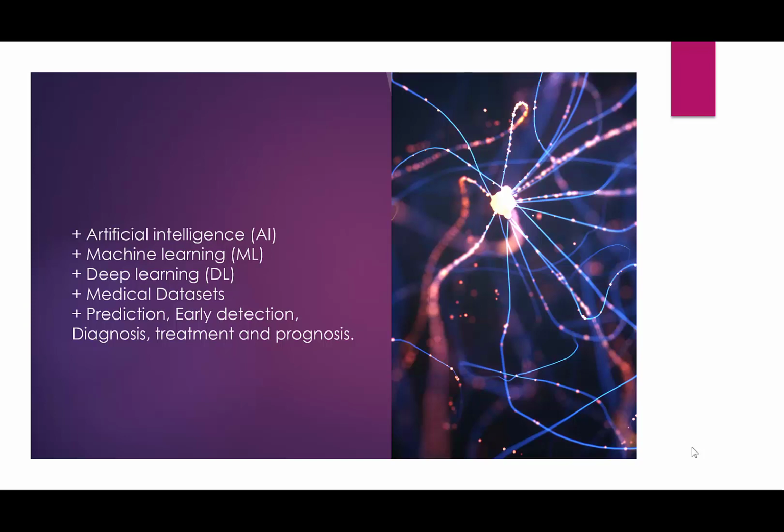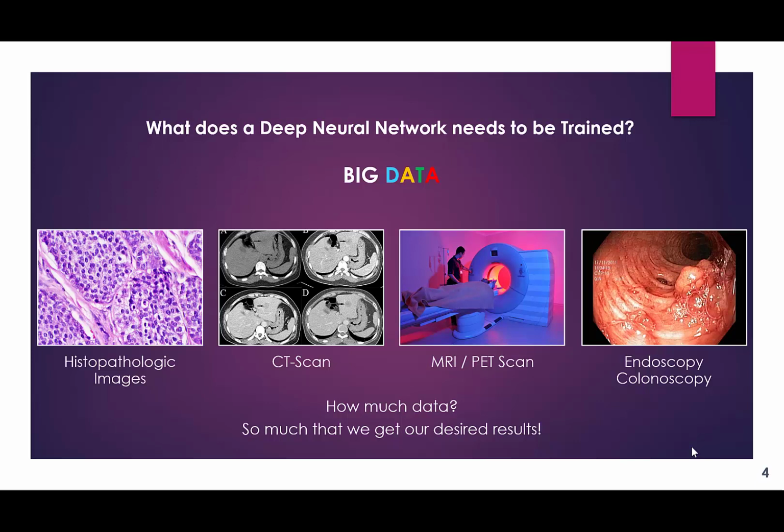In this episode, we are focusing on ERCPMP, which is a dataset for colorectal polyps morphology and pathology. So why taking care of this dataset? Because the most important challenge for training deep neural networks is data, and as much as we have good data, we can train more accurate algorithms.